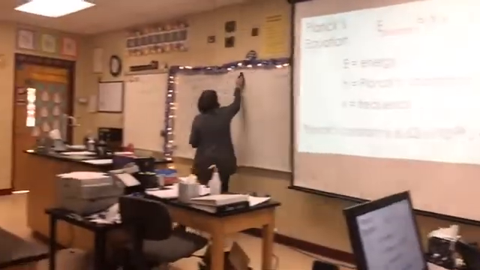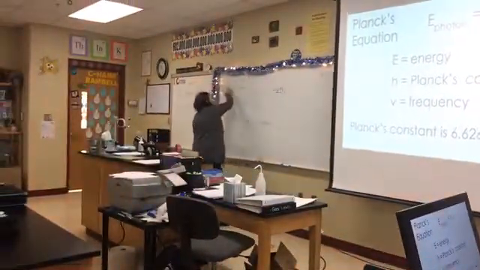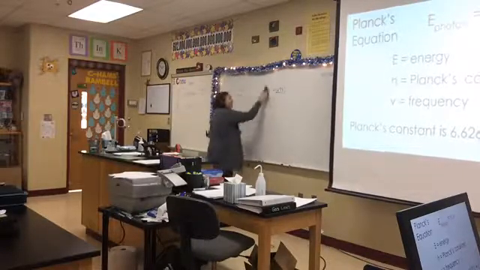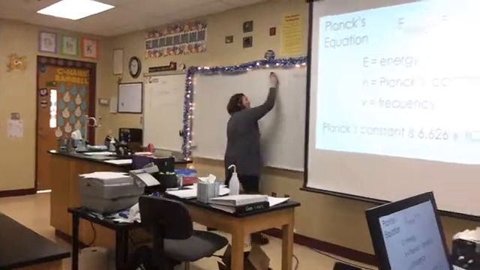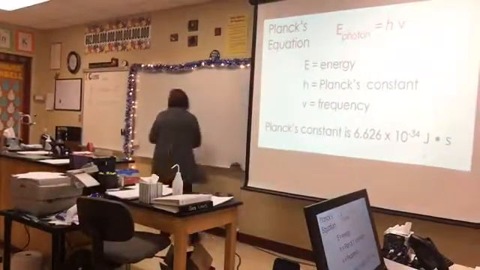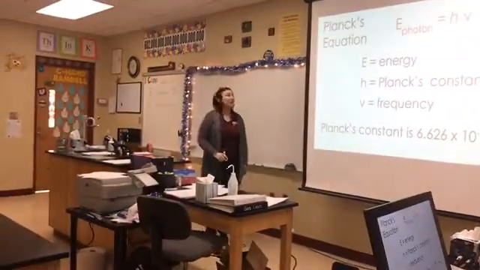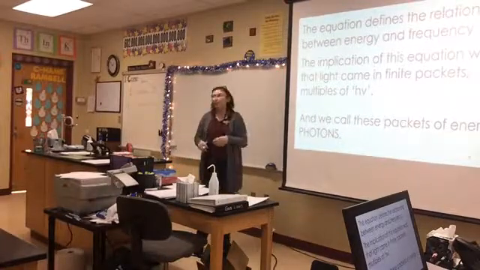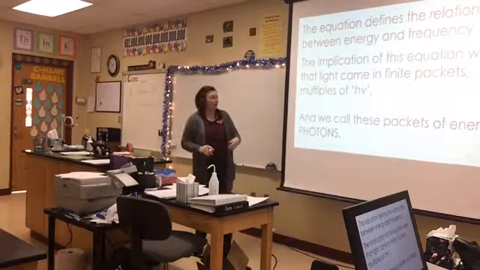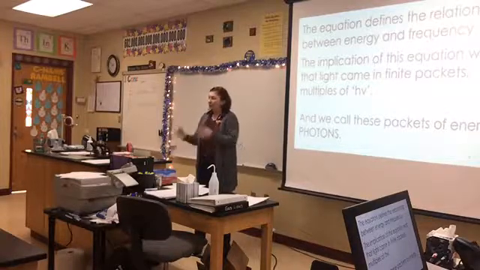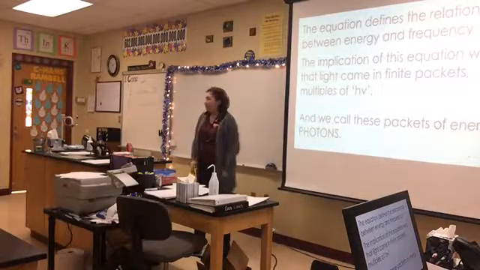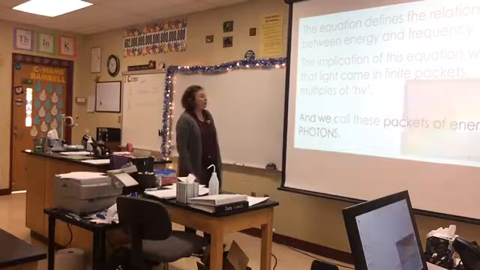Okay. So let's do some equations. How fun, how fun. I love math. Yay. Okay, so the question is this. This equation defines the relationship between energy and frequency, which makes sense. So, the greater the energy, the greater the frequency, the greater the danger to us.